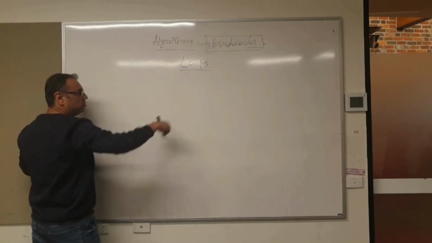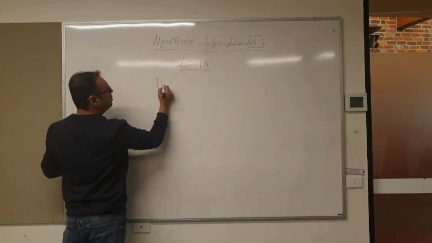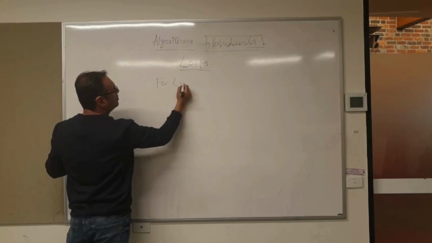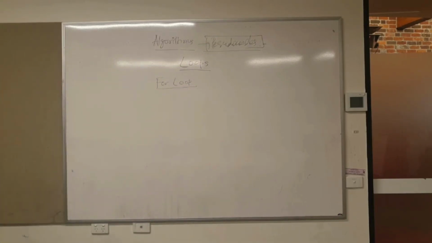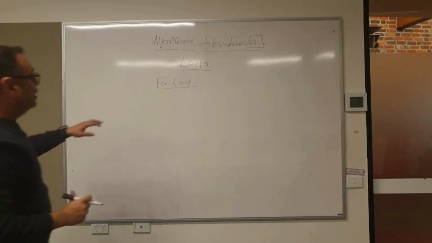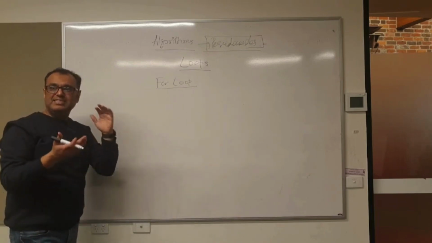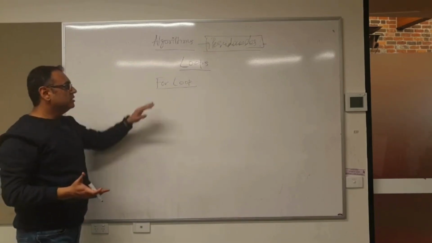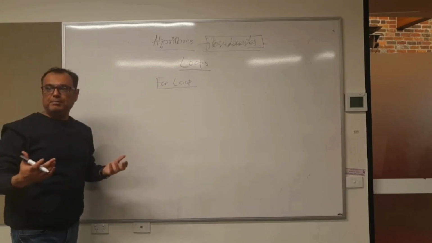So loop means you're just going around and round and round. So the first loop is called the for loop. Now for loop is used when we want to repeat a set of statements in a controlled way. We know how many repetitions we need.